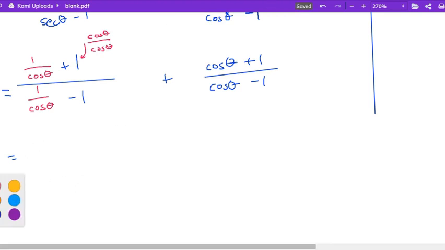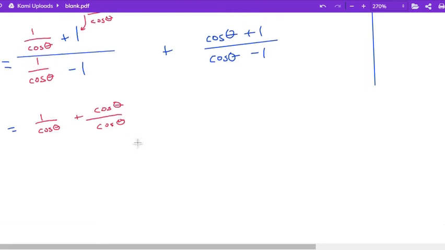In the numerator, I've got 1 over cos theta plus cos theta over cos theta. In the denominator, same thing, except I'm subtracting. We good?